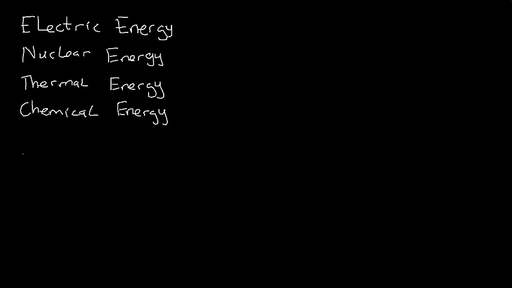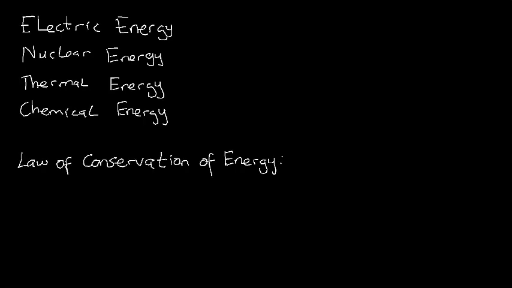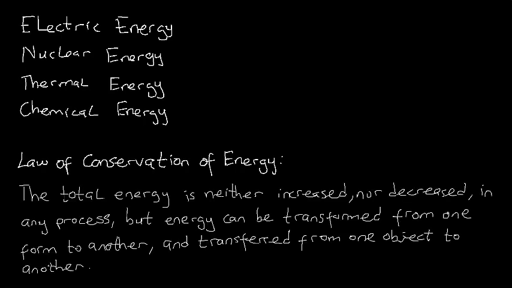Whenever energy is transferred or transformed, it is found that no energy is gained or lost in the process. This is the law of conservation of energy, and it can be properly stated as: the total energy is neither increased nor decreased in any process, but energy can be transformed from one form to another and transferred from one body or object to another.